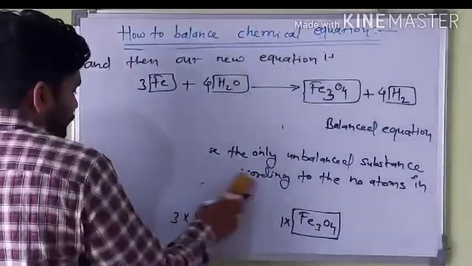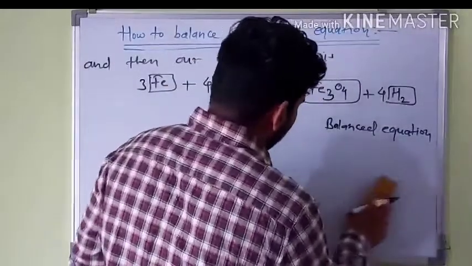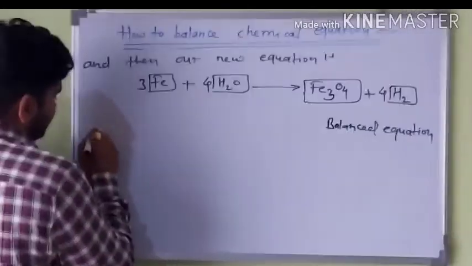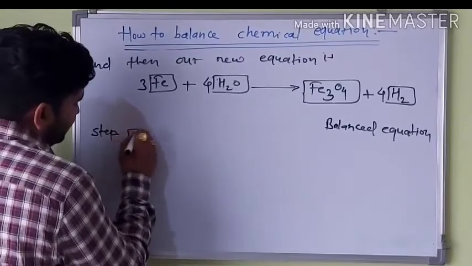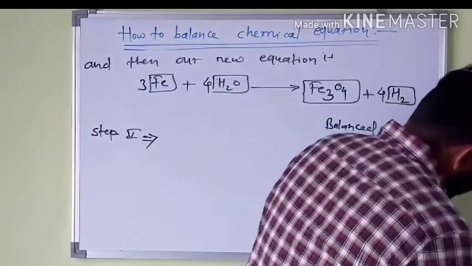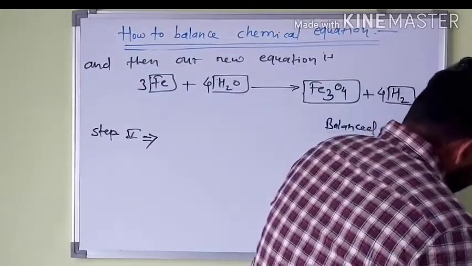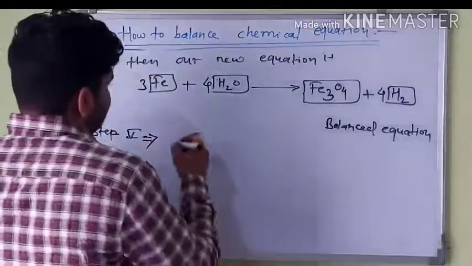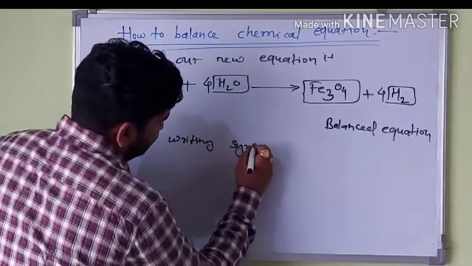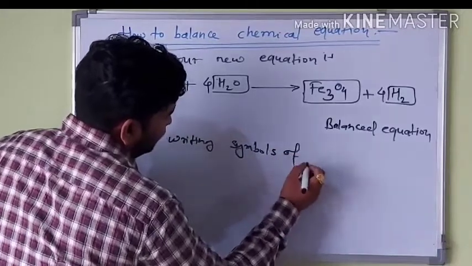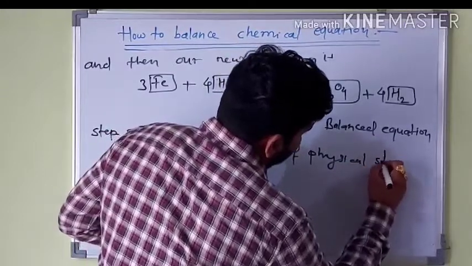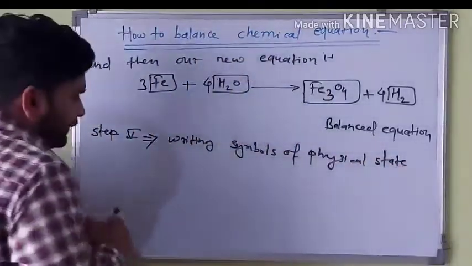And then, it is step 5 of balancing: writing symbols of physical state. There are 4 physical states.